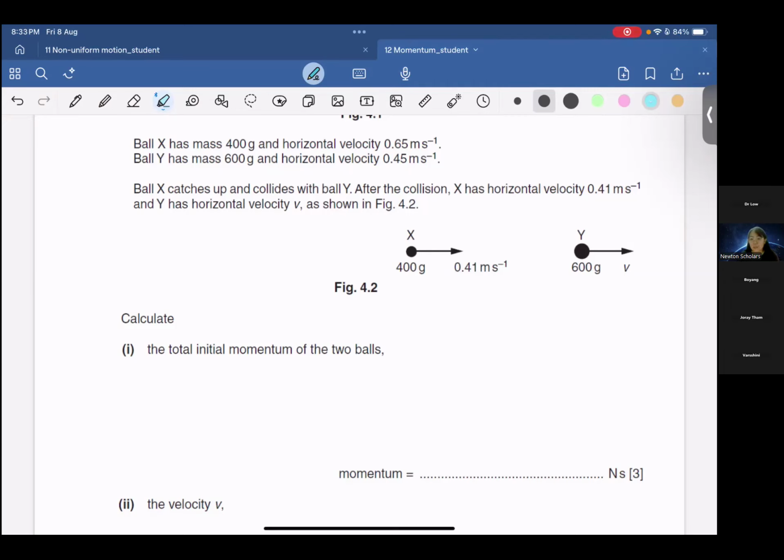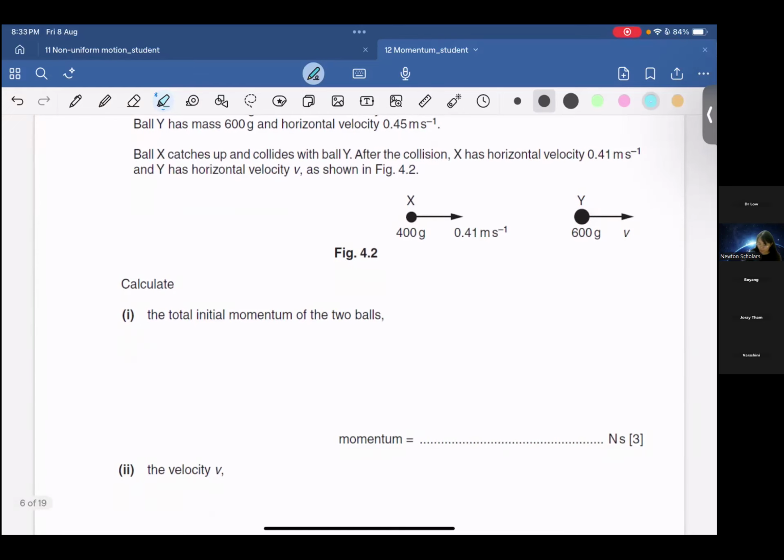Something you didn't convert. Correct, Washini. Correct, Kai Qian. Prasan, correct. Jore, correct. Fatima, no. You forgot to change.